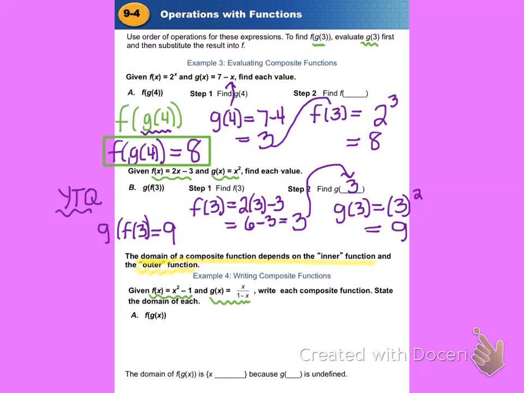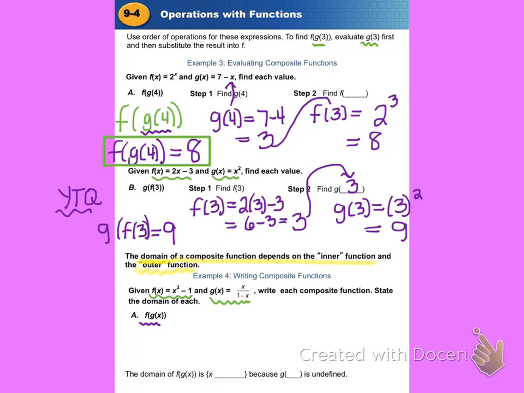So when we think about functions that have maybe asymptotes, places where the graph can be undefined, maybe values of x where the function doesn't work, like when we're doing square roots of negatives, things like that, we have to keep in mind the two different functions that we're working with under the composition of functions. So what does this mean, f of g of x?